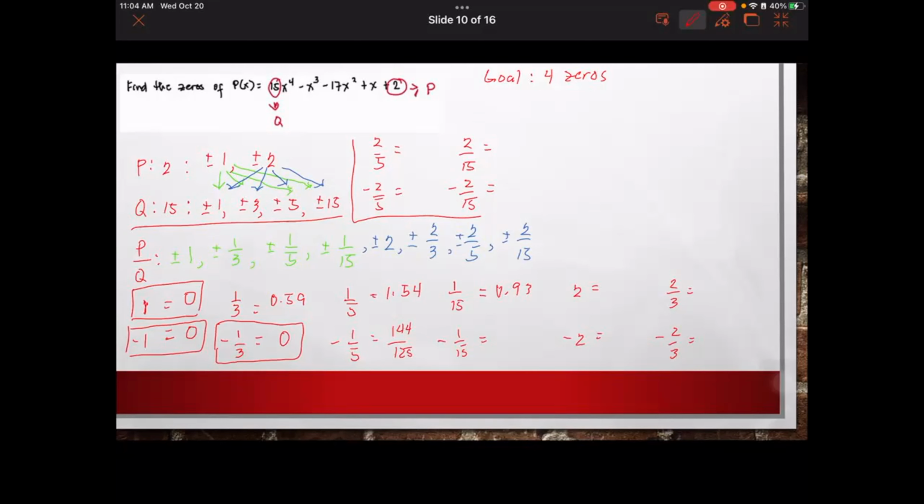Sir, saan po ulit yung akin? Ano ba yan? 2/15, +2/15. Sir, ako po, -2/5. Yes.